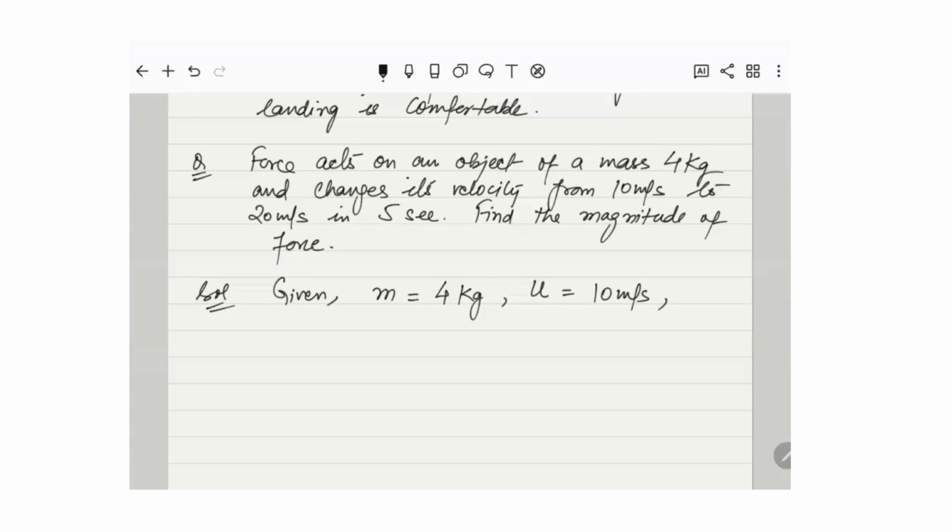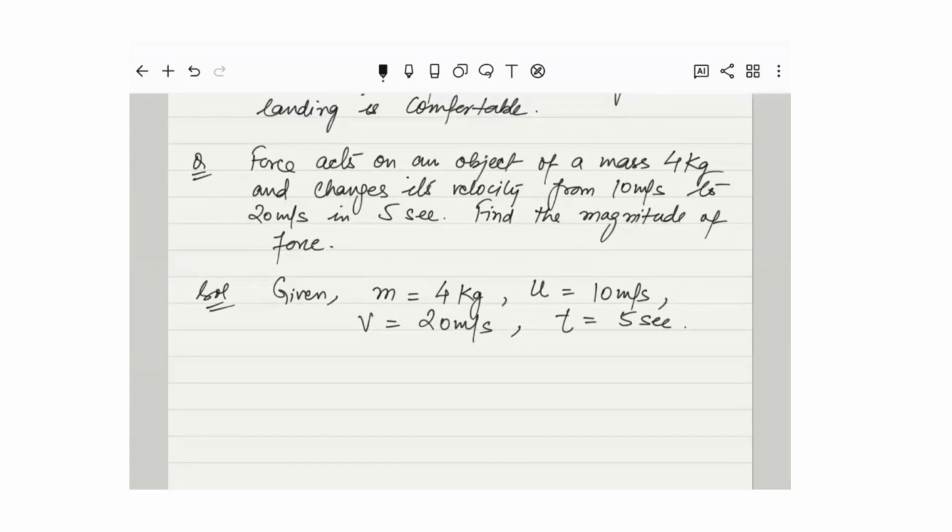Initial velocity is that velocity with which the object is moving initially, right? Okay. Then v is 20 meter per second, right? v is the final velocity. Now, the time taken for this change is 5 seconds, right? So we have noted all the quantities which are given here, right?